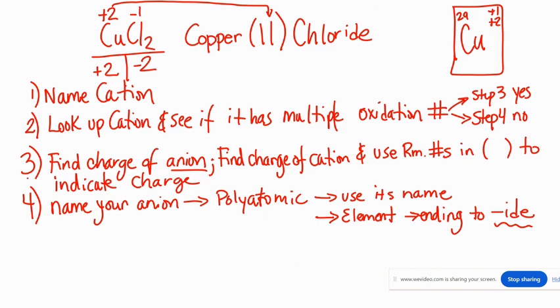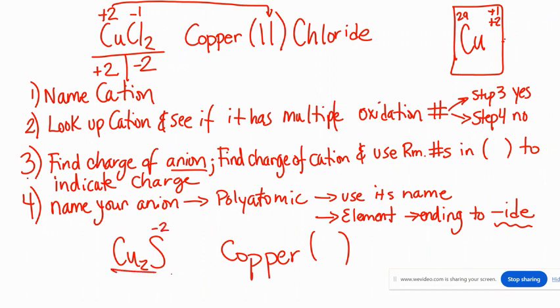No. So the next one is Cu2S. Again, we're going to name our anion. We're going to notice that our cation has more than one charge, so we're going to have to use parentheses here, and we have to figure out what goes in there. What is my charge for sulfur? -2.